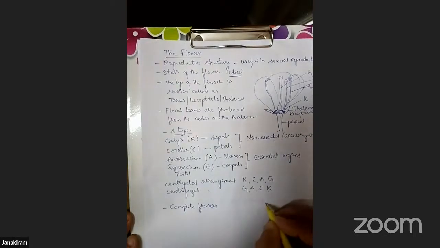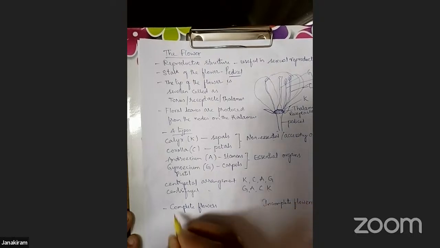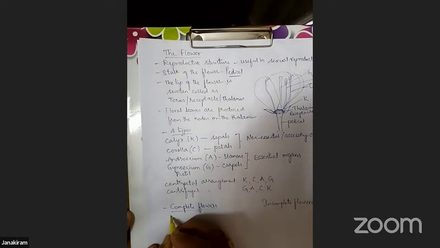complete flowers and incomplete flowers. So complete flowers means all the 4 floral organs are present. All the 4 floral organs, that is K, C, A, and G. All the 4 are present.